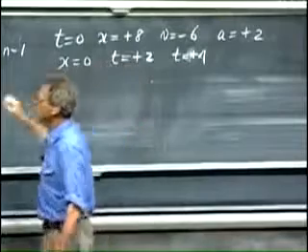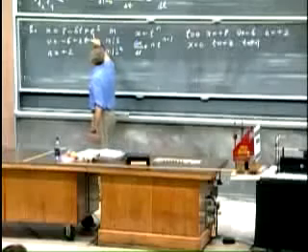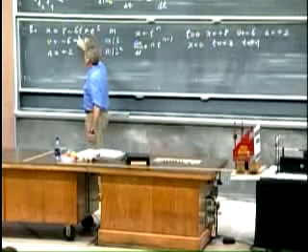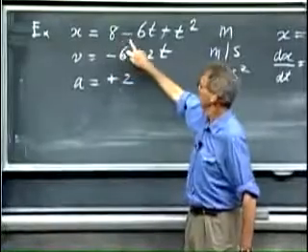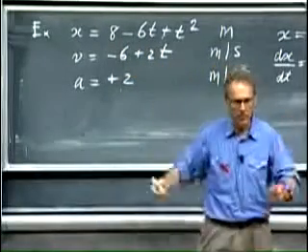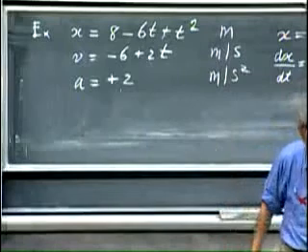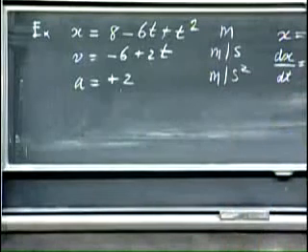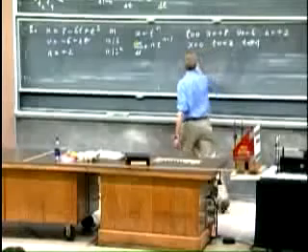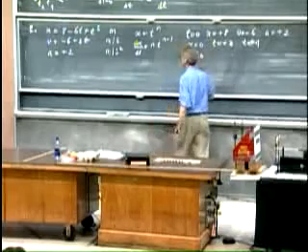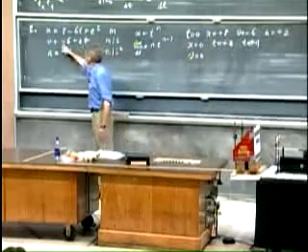Take the plus 2, that makes this 4. 4 plus 8 is 12, minus 6 times 2 that's 0. So you see the 2 works, and you check that the 4 also works. Just for my curiosity, when is the velocity 0? Oh, that's easy. That's when this equation is 0, so that's when t equals 3.